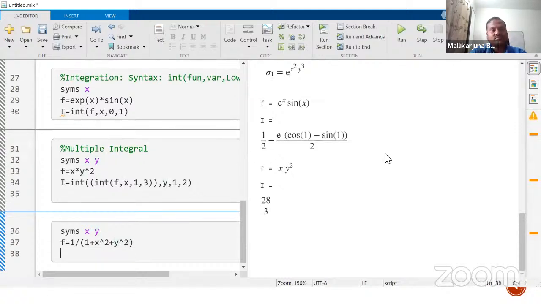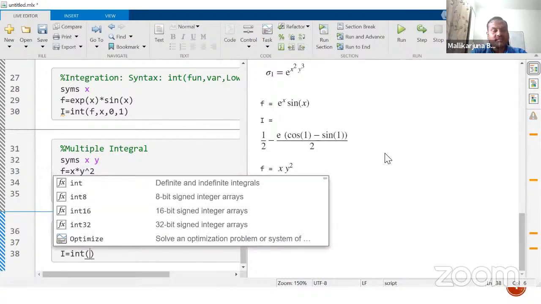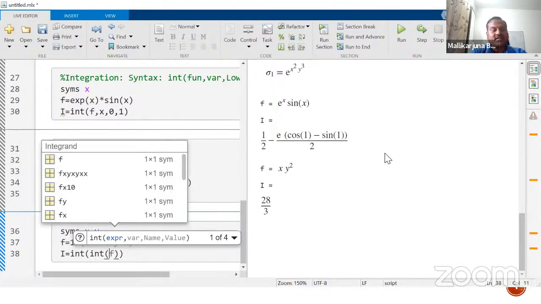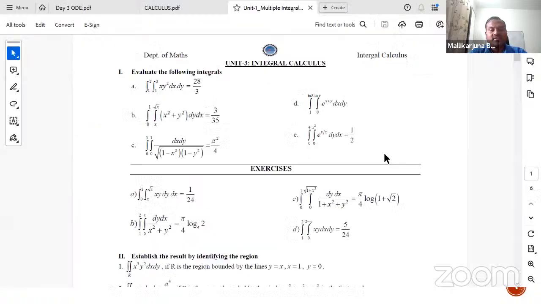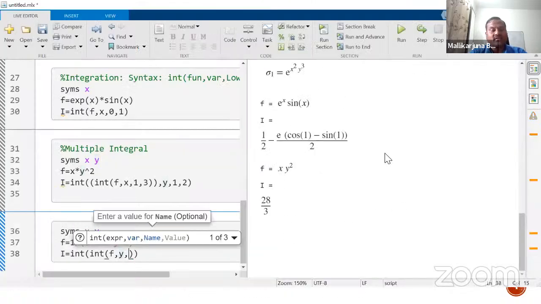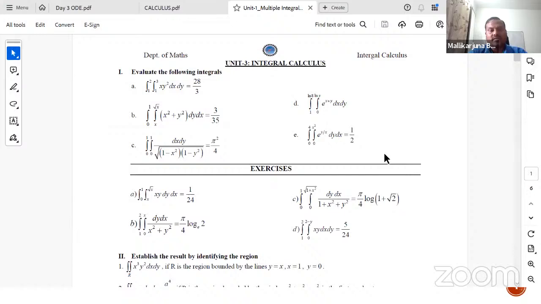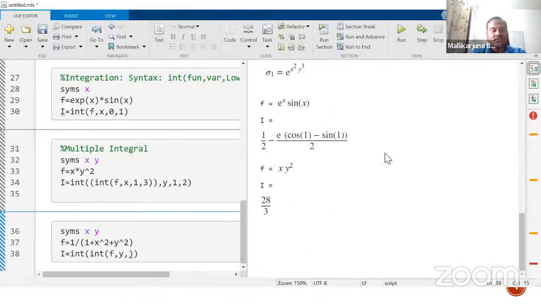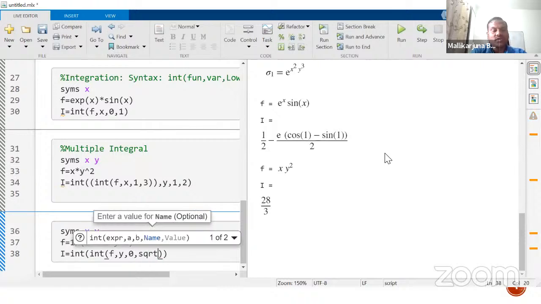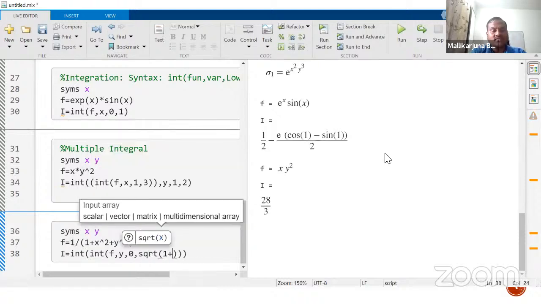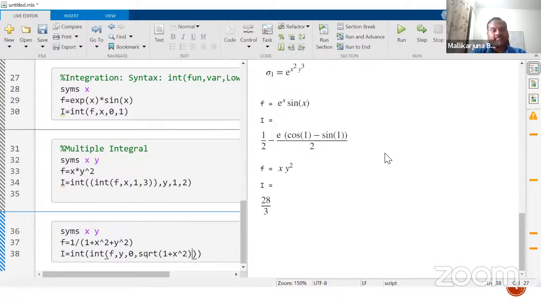Now the integral. Again inside integral function. Inside integration variable is y. Corresponding limits 0 to root 1 plus x square. 0 to square root 1 plus x square.